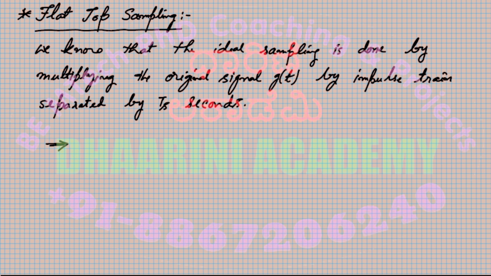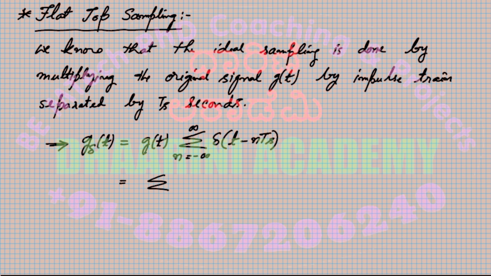This equation we have already seen, right? g delta of t is equal to g of t into the impulse train, the summation for n equal to minus infinity to plus infinity of delta of t minus n Ts.